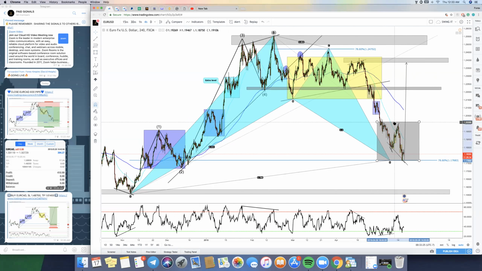But what I'm expecting is the price should not break this high. So I'm just gonna keep a close eye on it and see how it rejects from it or not. But most likely, if this is an M formation, the price should not break this high. So we'll see how it really plays out. But most likely, what I'm predicting is the price will drop from that point. So all I gotta do is just wait and see when it breaks below.